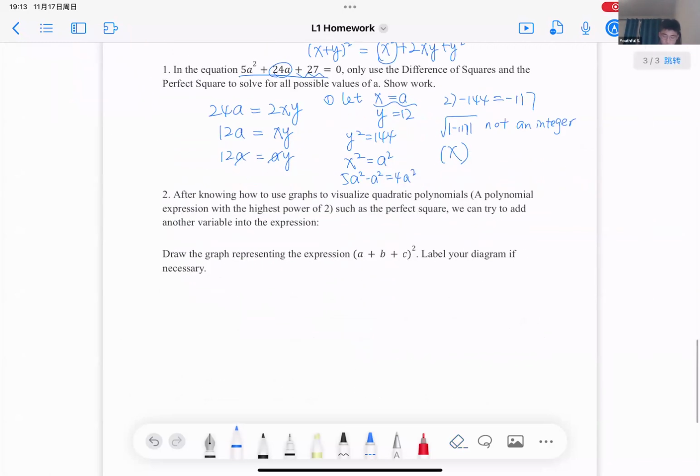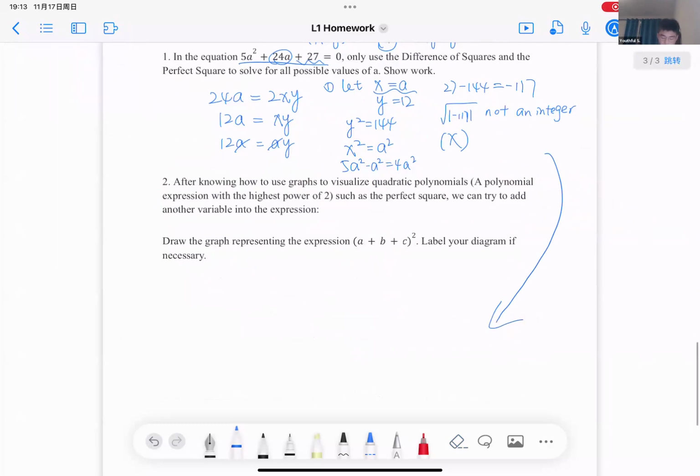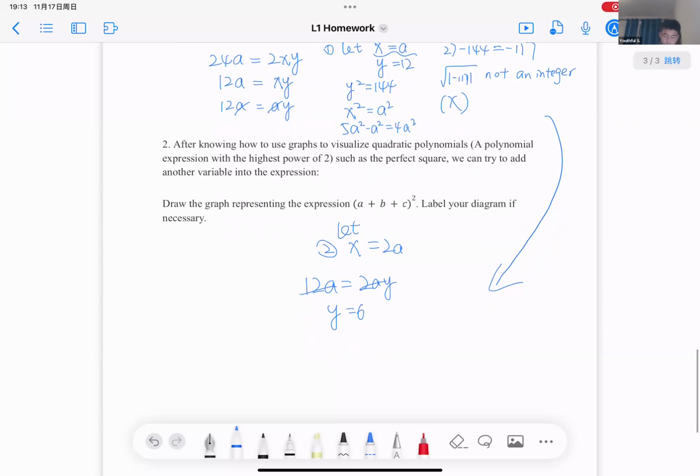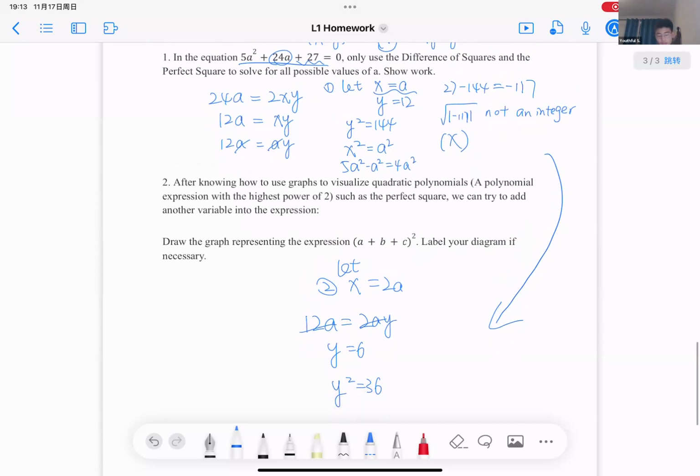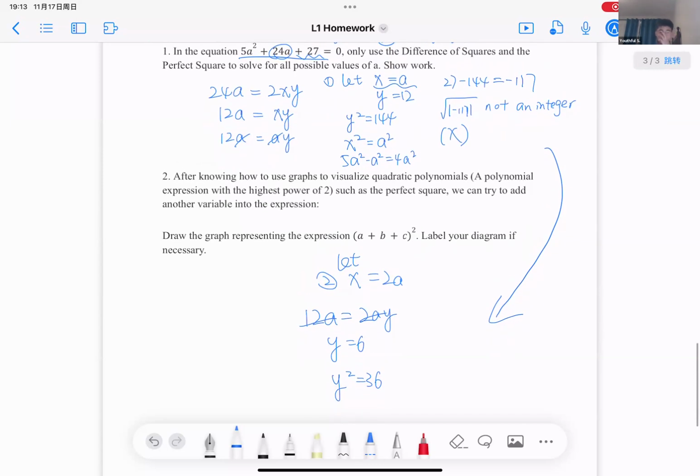Well, let me just write it down here and just erase it later. Second one, let's let x equal 2a in this case. So because x equals 2a, 12a equals 2ay, and y equals 6. So y squared equals 36. Well, it looks much better, of course.